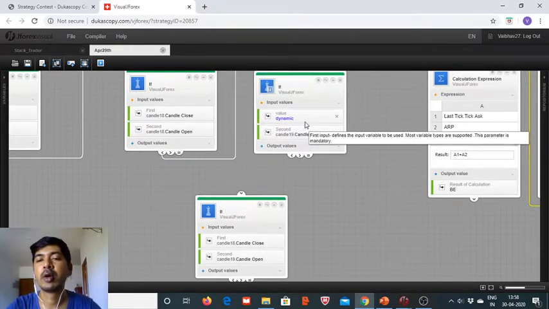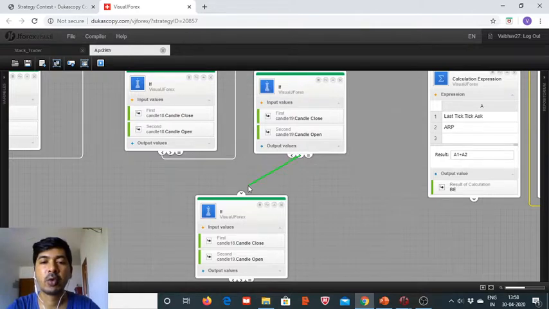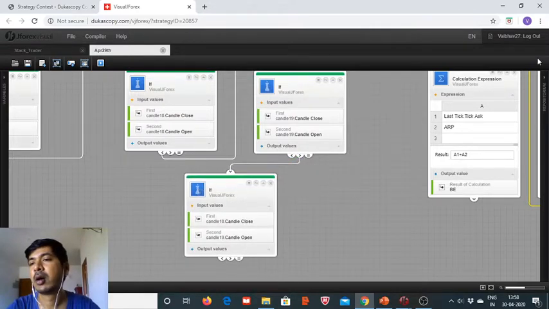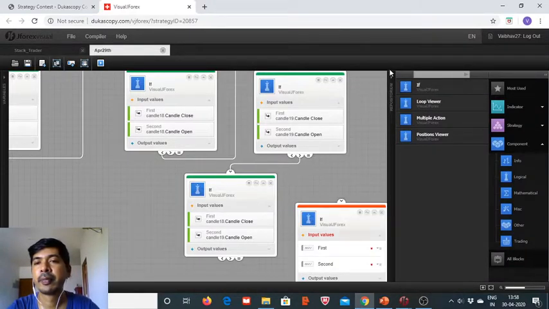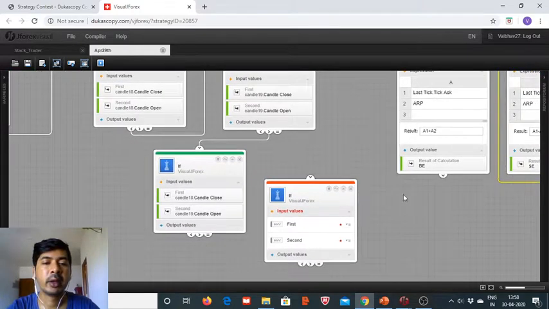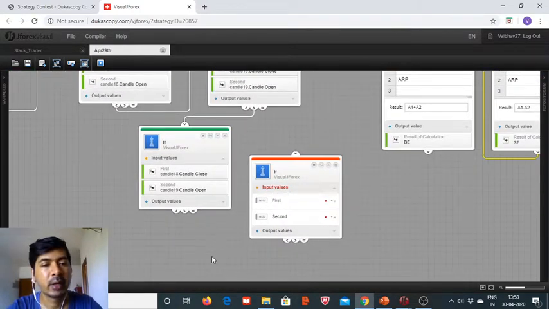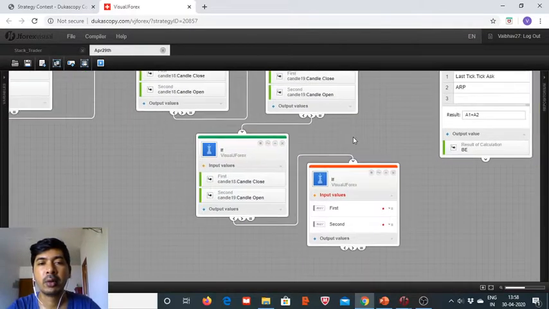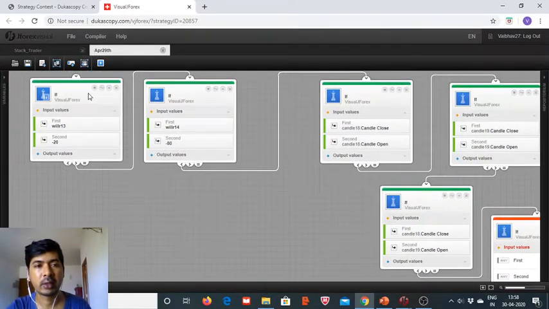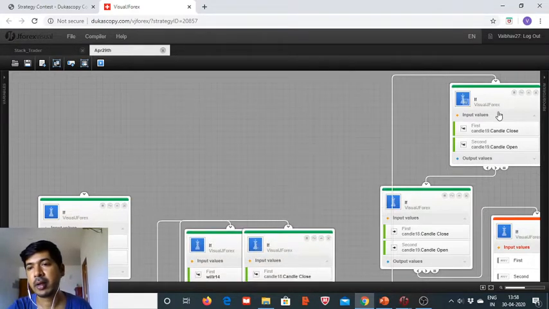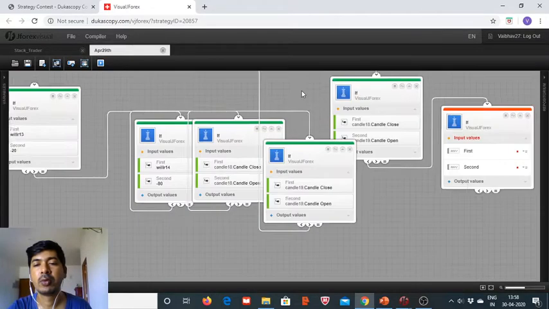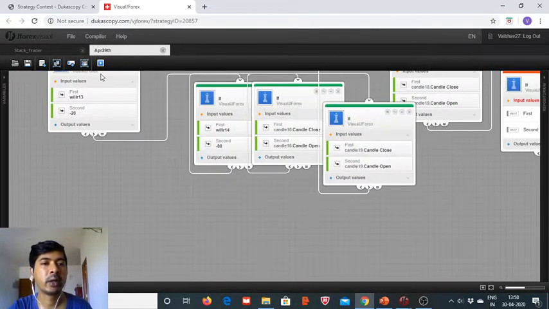Candle close should have been greater than the opening price. All right, and then we take some other blocks, and the requirement is candle 18's close should be below the candle 19's open. Okay, so far so good. Now let us take these blocks where they belong, and then we will do further conditionals.